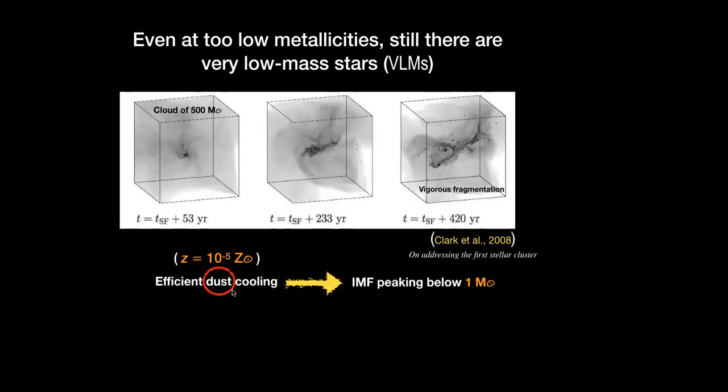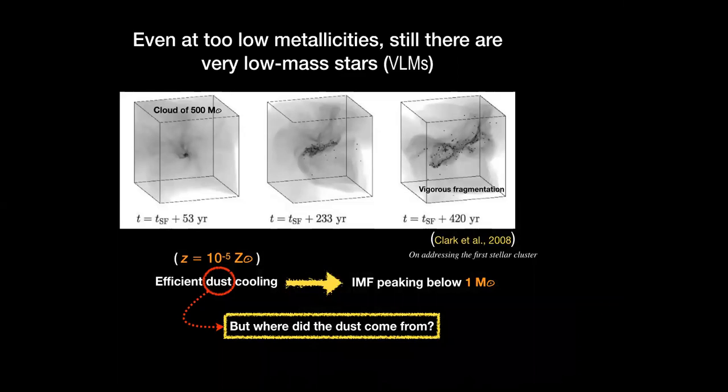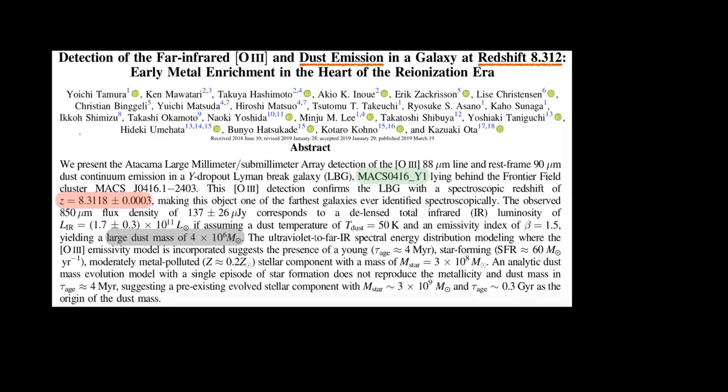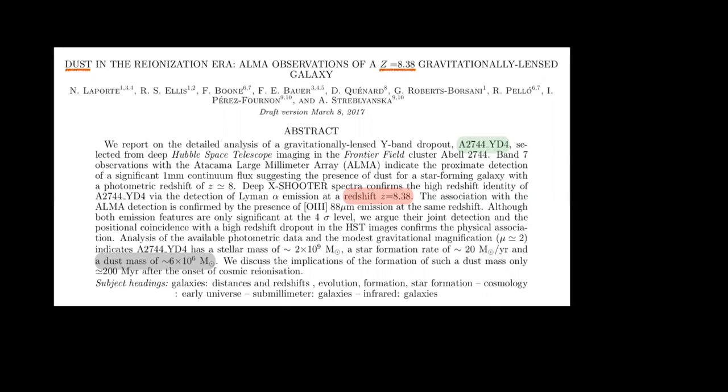But the very genuine question is where this dust actually has come from. Well, the dust can come from different sources. For instance, there are papers suggesting that at a redshift of around 8, quasars are observed with large dust masses of the order of 10^6 solar masses. I'm just quoting a couple of papers, again with quasars at redshift around 8.38. You expect that the dust is there, and that dust can provide the efficient cooling mechanism.